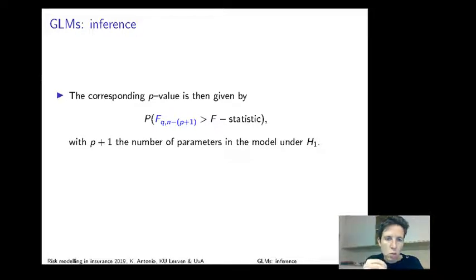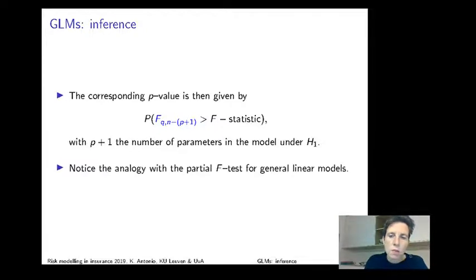The parameters considered in the null hypothesis should not be put to 0, and the larger model is to be preferred. Do note the analogy between this test and the partial F-test, which we know from normal linear regression models.